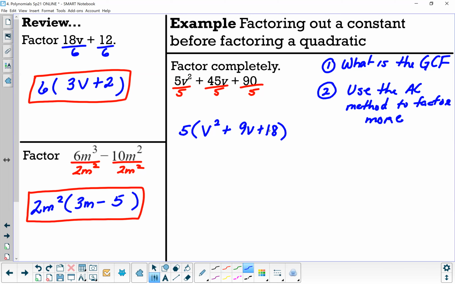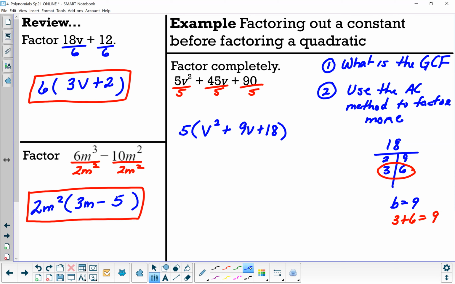B is 9, C is 18. So 1 times 18, remember we want to add to B, which is 9. So 2 and 9, no, 3 and 6. Looks like that's the winner, because 3 plus 6 equals 9. 3 times 6 is positive 18.